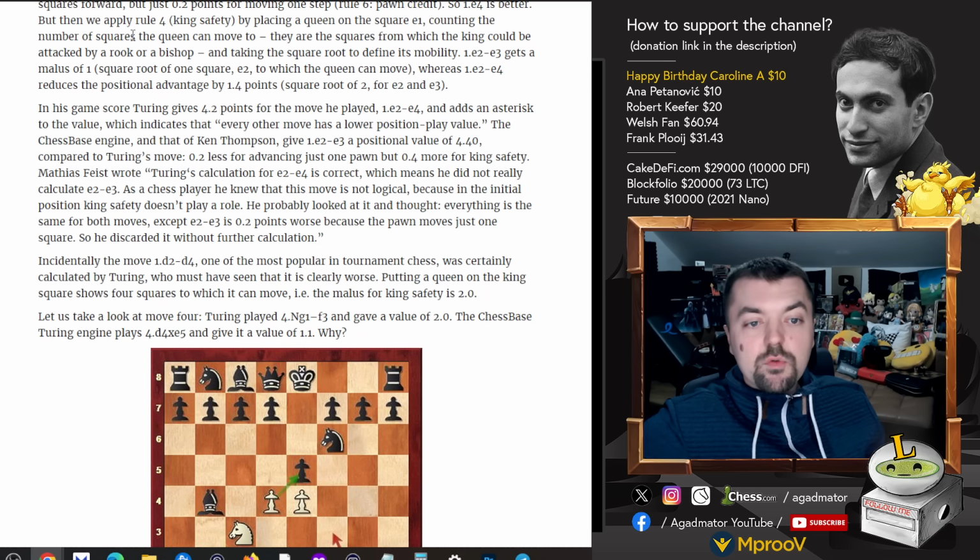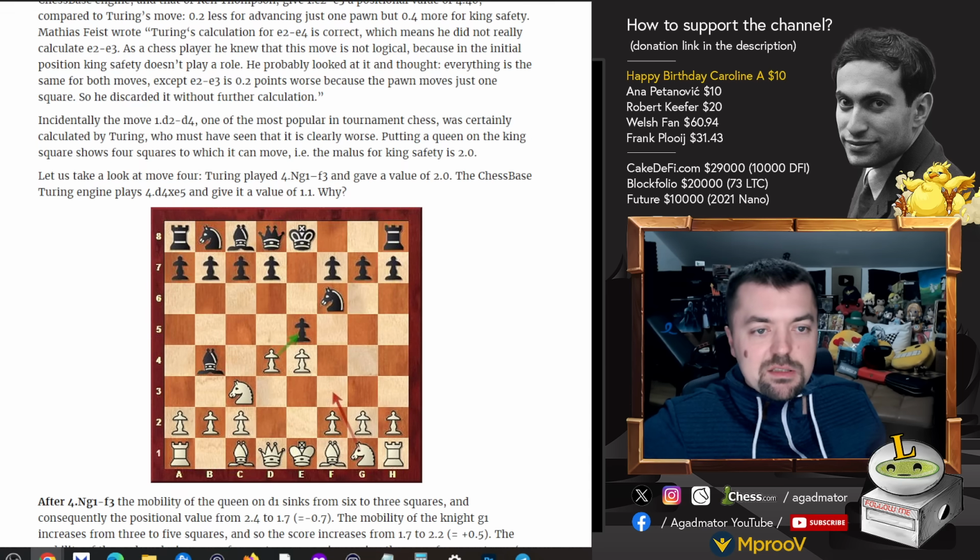Counting the number of squares the queen can move to, they are the squares from which the king could be attacked by a rook or a bishop. And taking the square root to define its mobility, e3 gets a malus of 1, the square root of 1, since on e2 there is 1 square to which the queen can move, whereas e4 reduces the positional advantage by 1.4 points, the square root of 2, for e2 and e3.